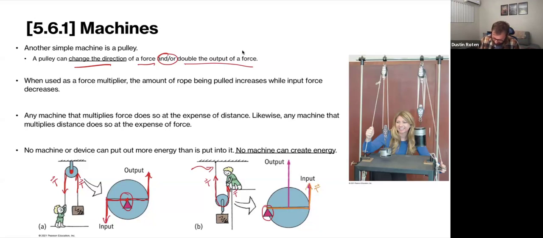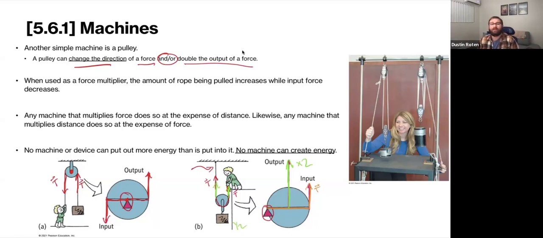So the whole idea is that since we have this rope sort of cradling the pulley, it's equal on both sides. They're going to sort of combine and give us double the output force, the output energy, output work. And that's going to be centered, and the main point here is that it's going to be doubled. So you can essentially cut the weight of this box in half.